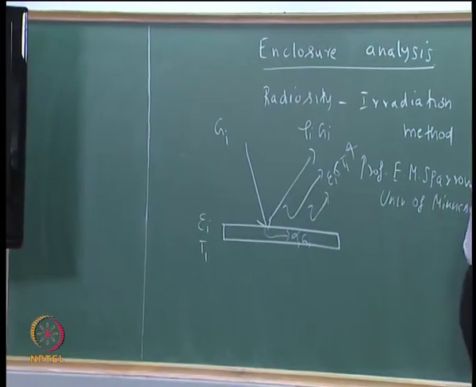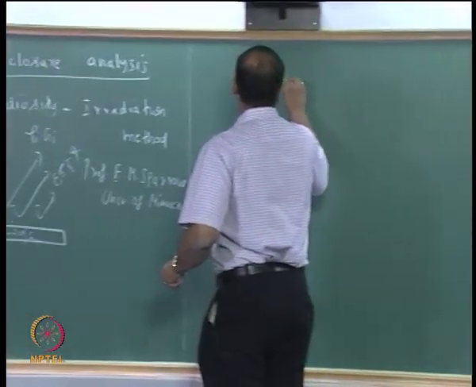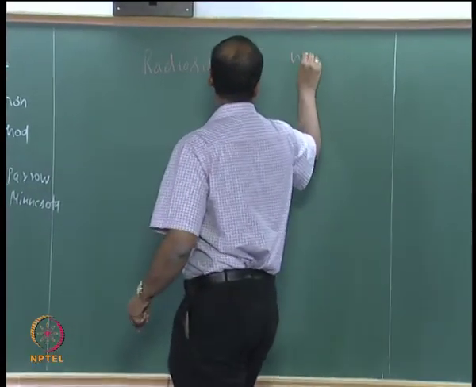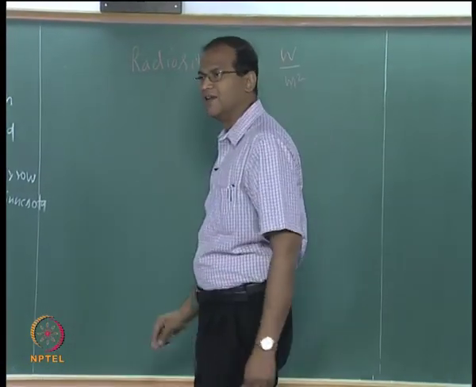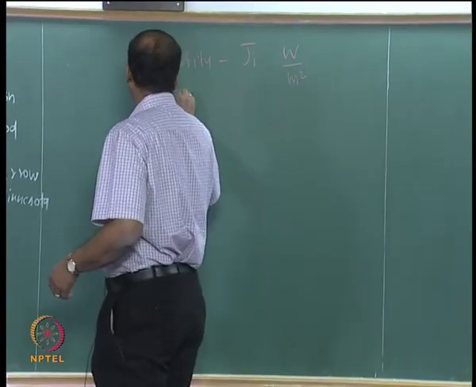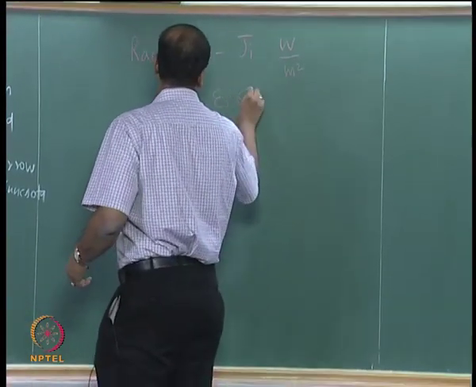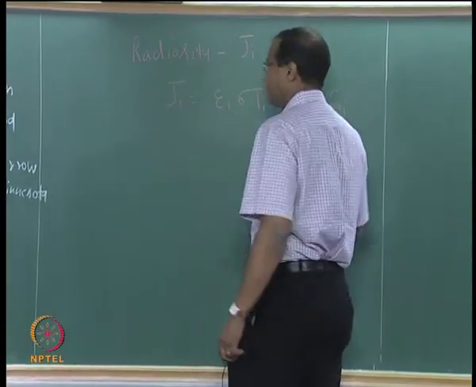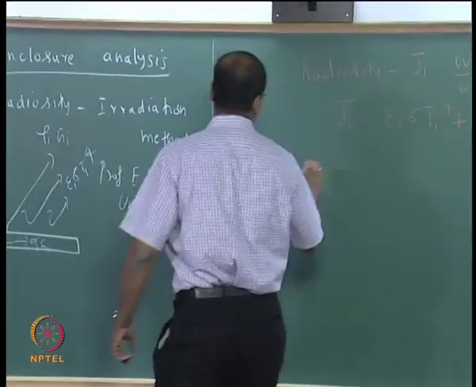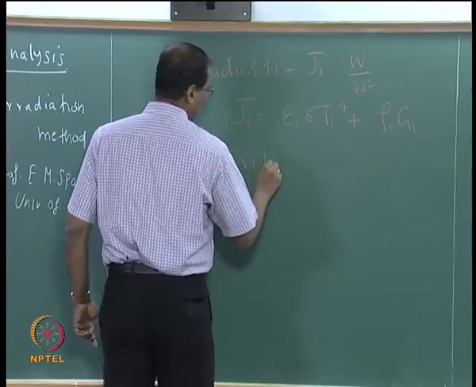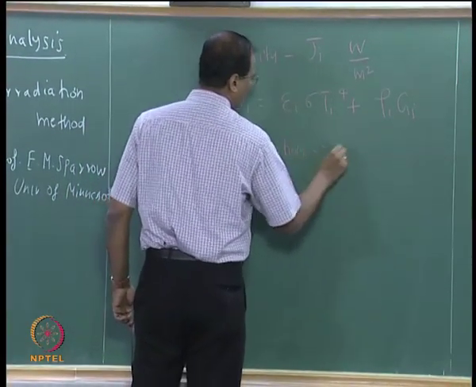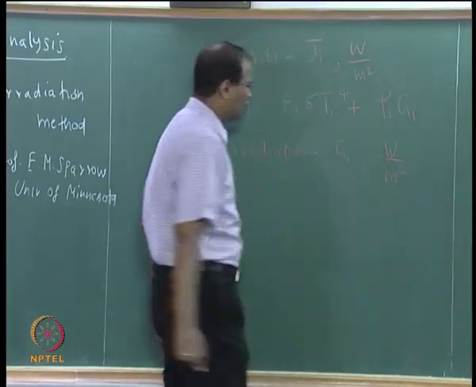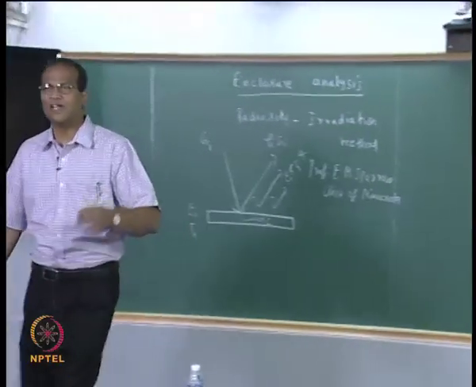Now radiosity is the leaving flux, or the leaving radiation. The incoming radiation is called G. I am putting Gi because i can be any surface.